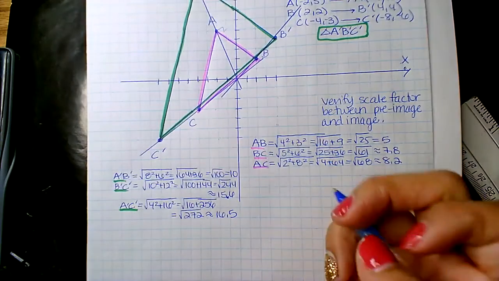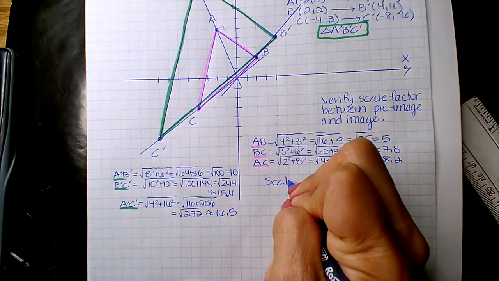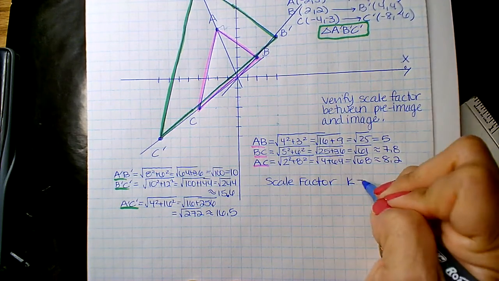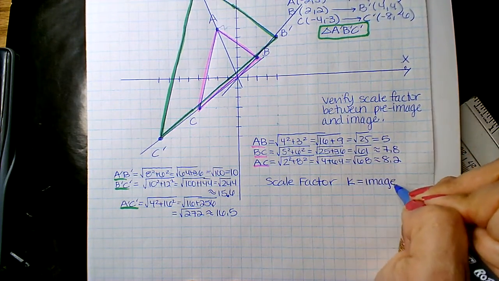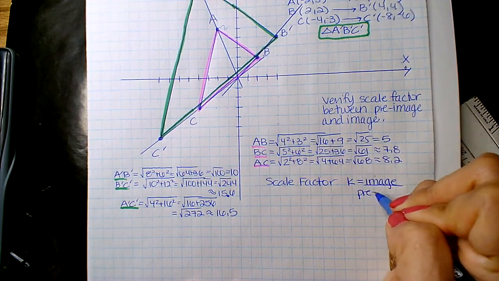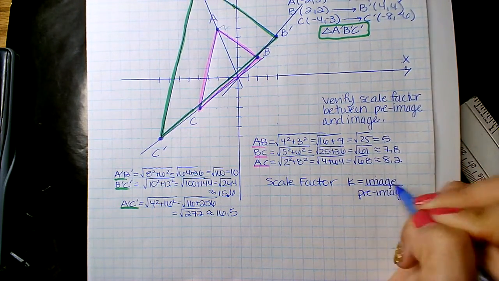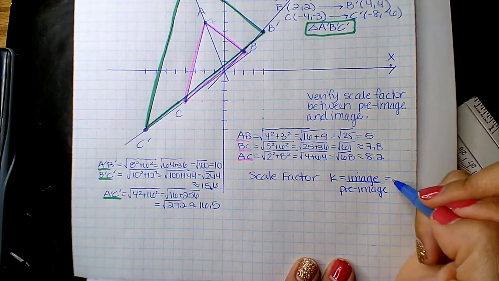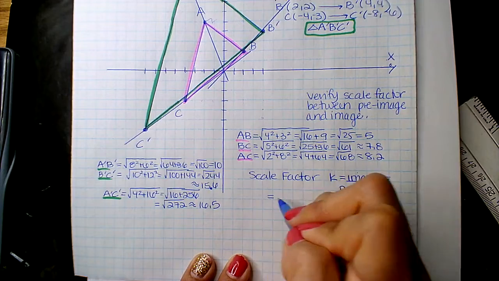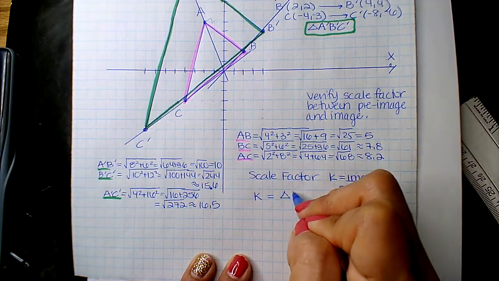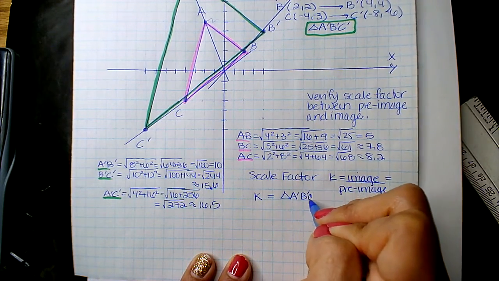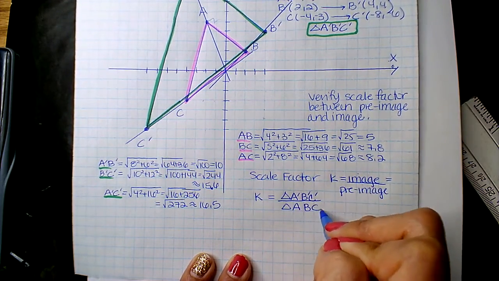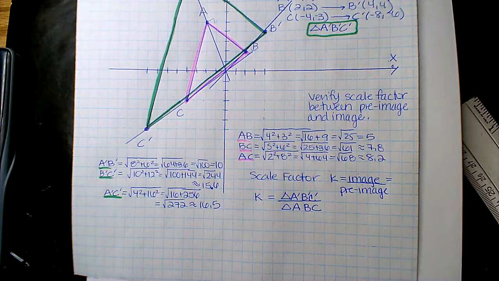Okay, all right, so when you're verifying your scale factor, in this case it's K, it is always image over pre-image. In this case, it's triangle A prime, B prime, C prime over triangle A, B, C. Primes over non-primes.